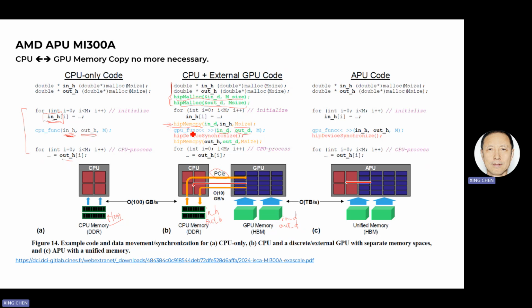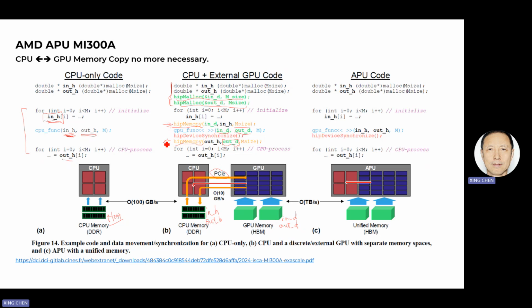So this GPU function call can work on this in_d and out_d. But afterwards, after the job has been done, you have to make a heap memory copy call. You have to copy the output, which is useful to you. You have to copy this data from the GPU to the CPU, to the host.